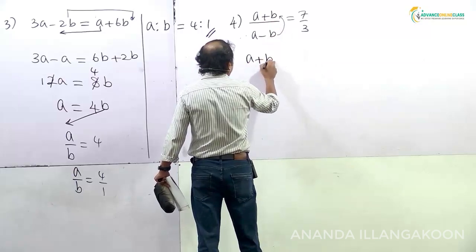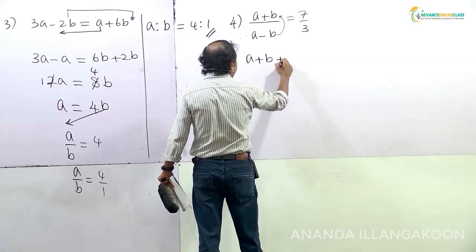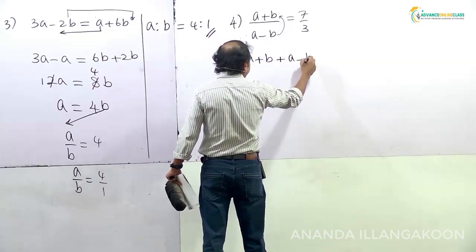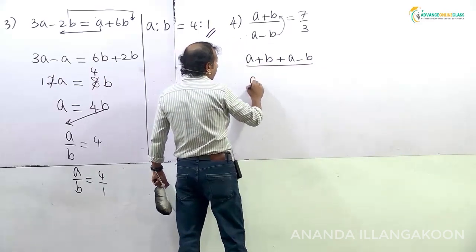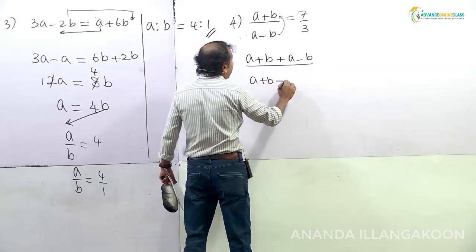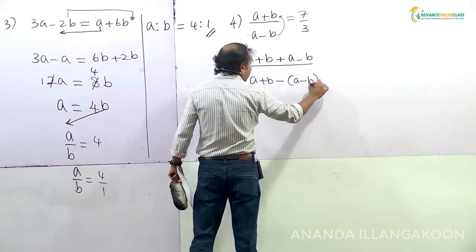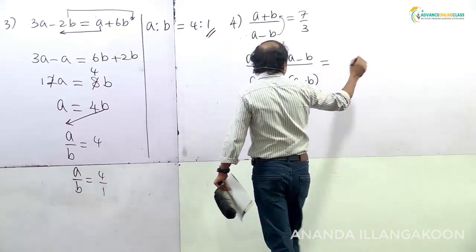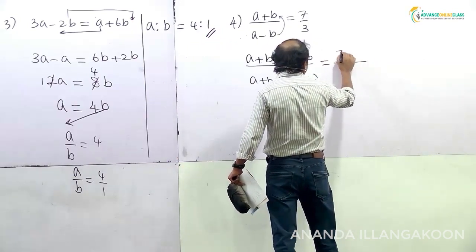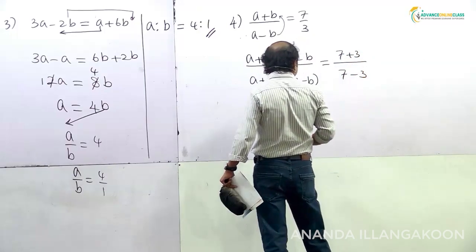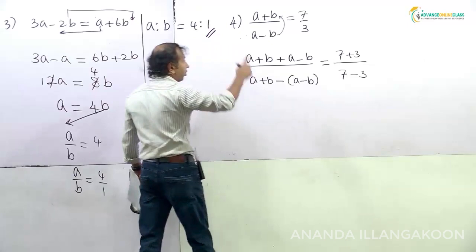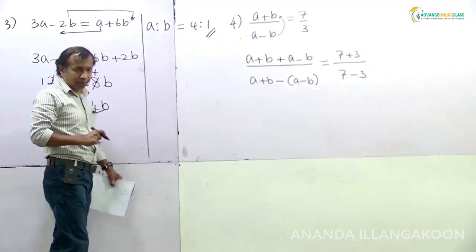A plus B plus A minus B, divided by A plus B minus A minus B, equals 7 plus 3 over 7 minus 3 on the right hand side.